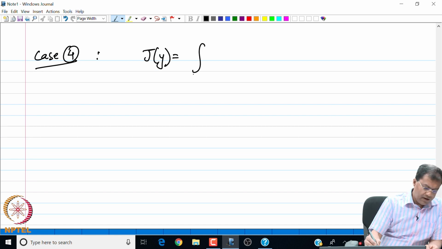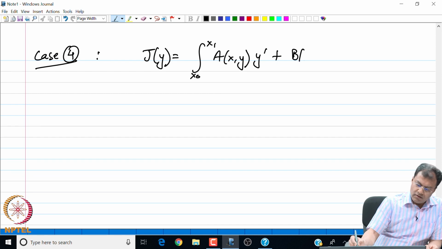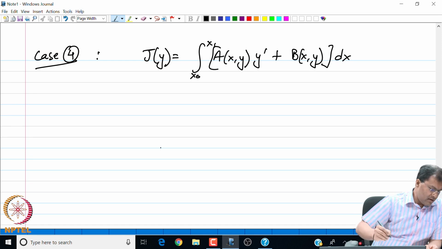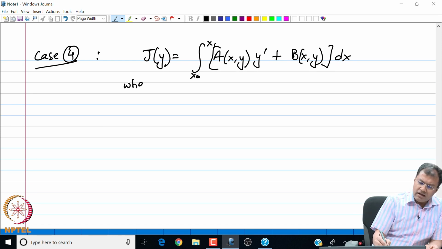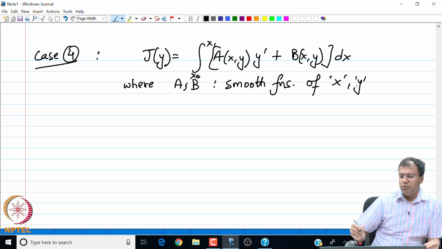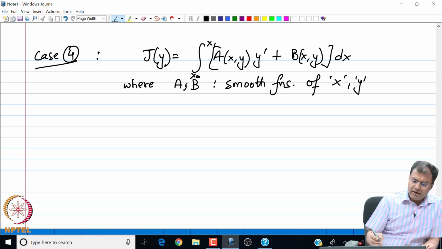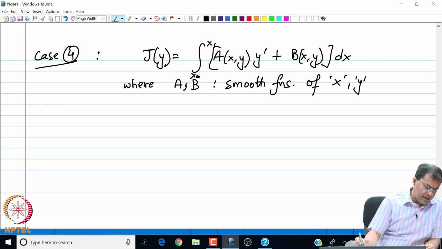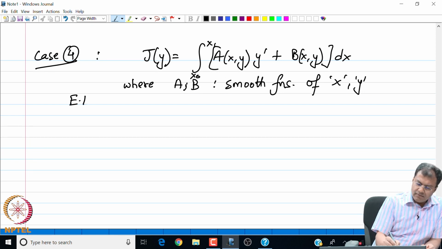Recall that in this case the functional is of the form integral from x0 to x1 of a of x comma y, y prime plus b of x comma y, dx, right, where I assume that a and b are smooth functions of x and y, otherwise we will not be able to apply Euler-Lagrange again.